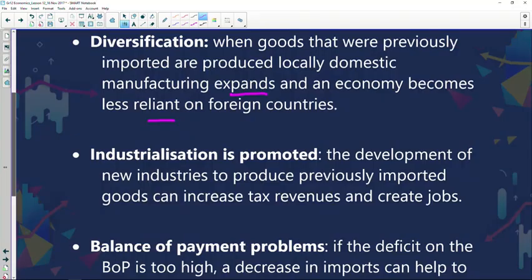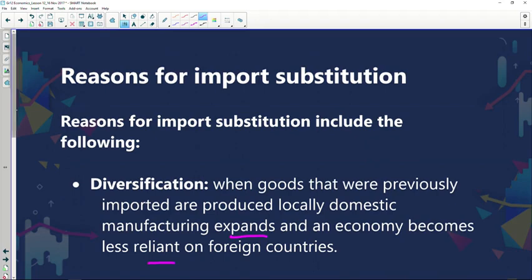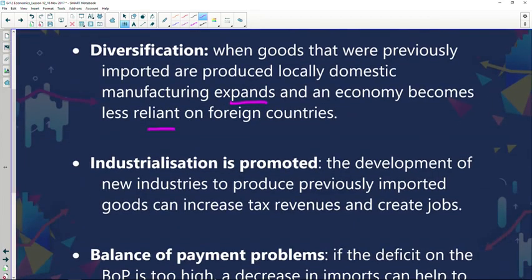And also industrialization is promoted. The development of new industries to produce previously imported goods can increase tax revenues and also create jobs. So the fact that these goods that we used to bring from other countries are now produced locally means there's more activity happening in our industries, because now it is us South Africans who are producing these goods.